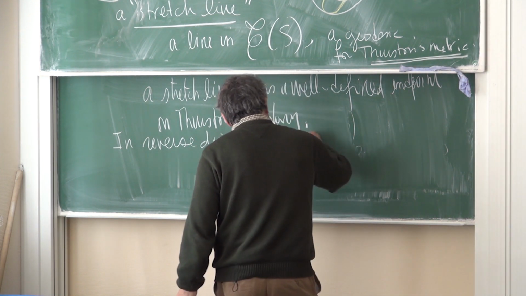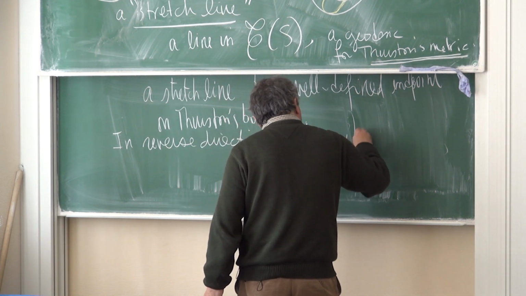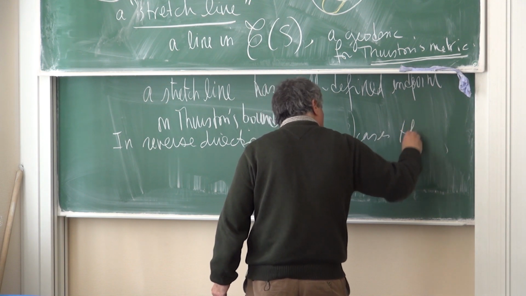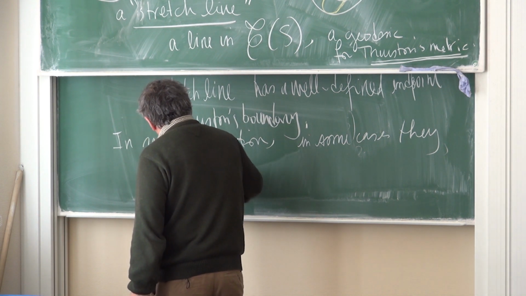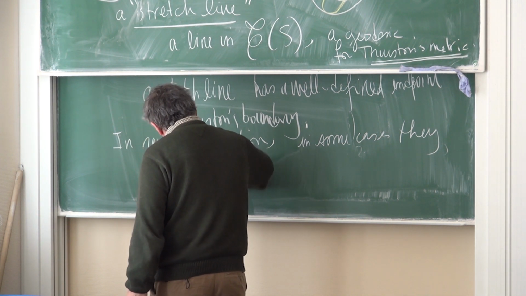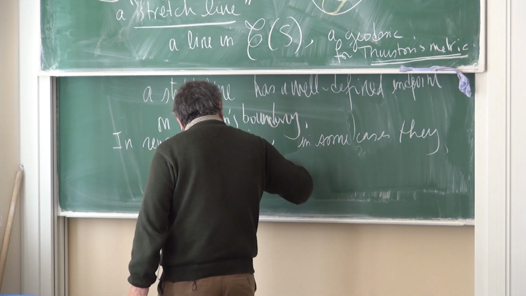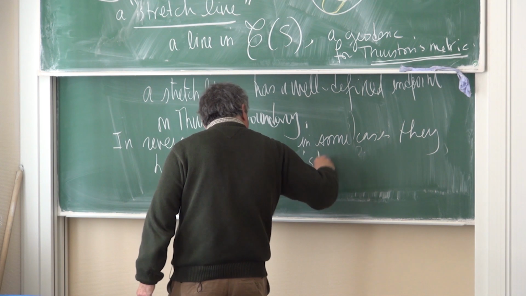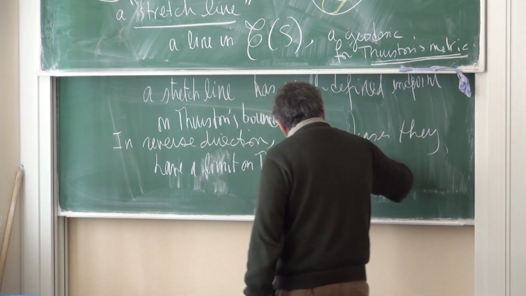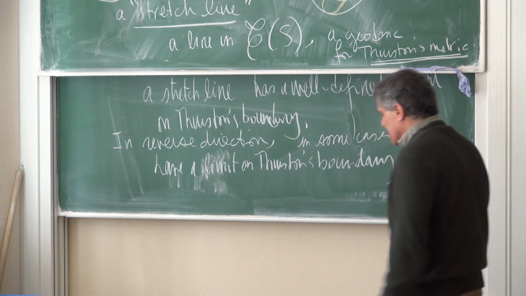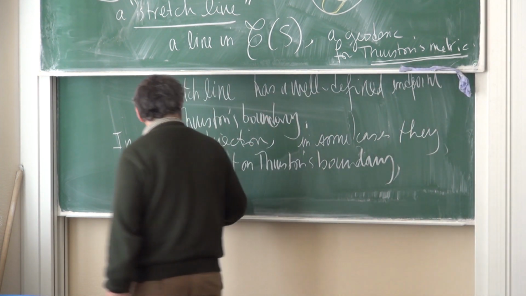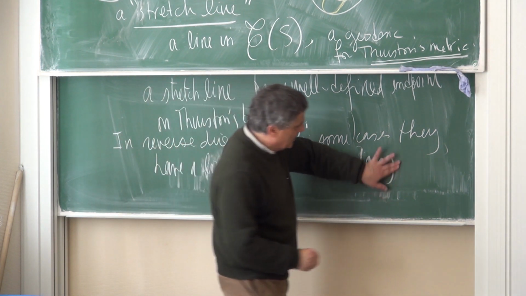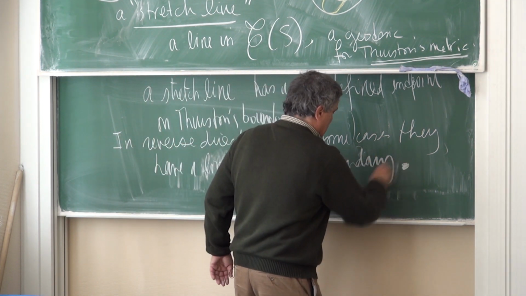Well, in some cases they have a limit on Thurston's boundary, even if they are not geodesics in this other direction. In some cases they don't have, and I will also explain this.